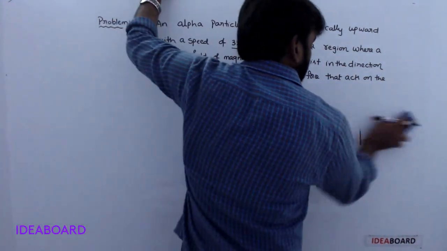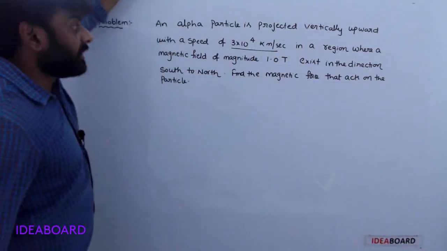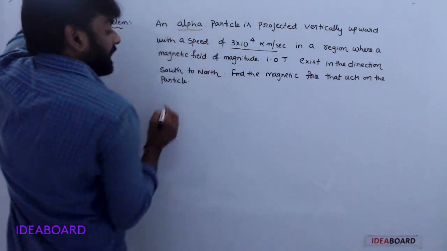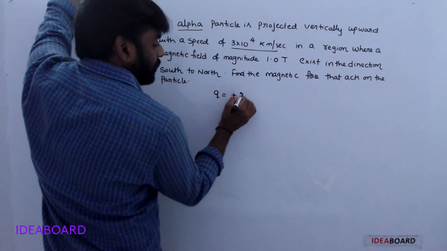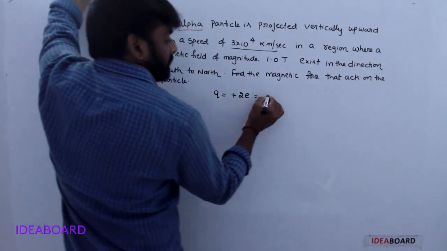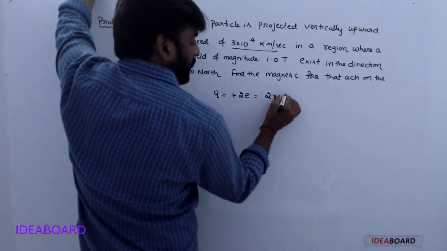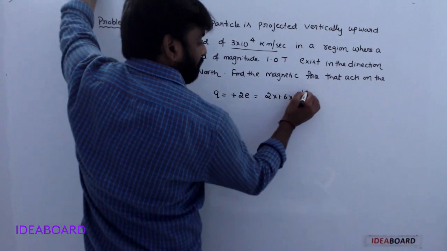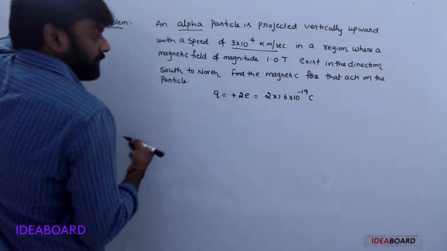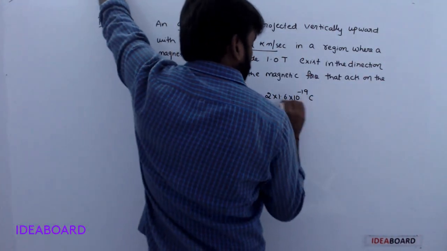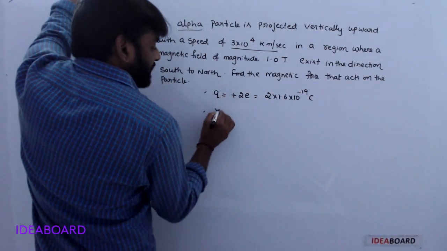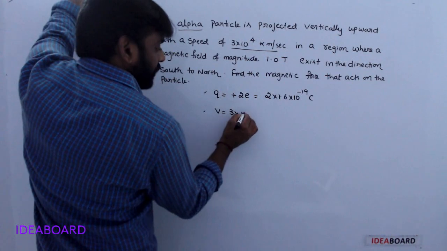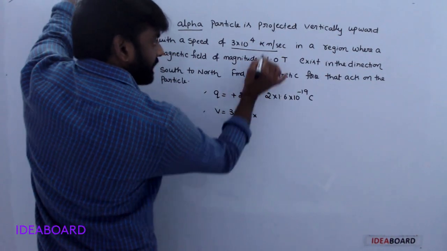Now, first of all, write the given data. Here, the particle is an alpha particle. Alpha particle means charge Q is equal to plus 2e, so 2 into 1.6 into 10 to the power of minus 19 coulombs. Next, velocity 3 into 10 to the power of 4 kilometer per second.